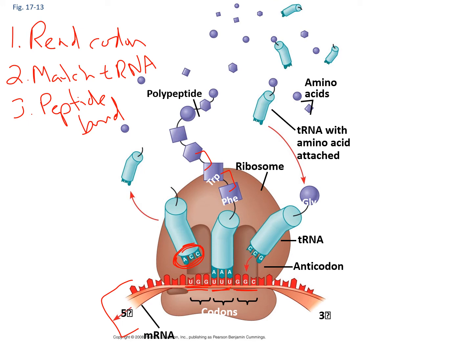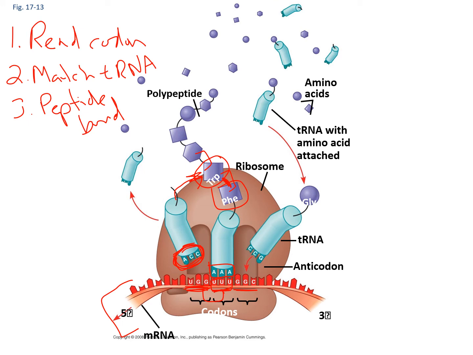So the way translation works is that the ribosome will bind to the mRNA, read the codon and match the appropriate tRNA. That tRNA had an amino acid bound to it, which was a tryptophan. Then once it has matched the appropriate tRNA, it's going to shift over, read the next codon, UUU, and match the appropriate tRNA, which will have the anticodon AAA, and it will form a peptide bond between those 2 amino acids.